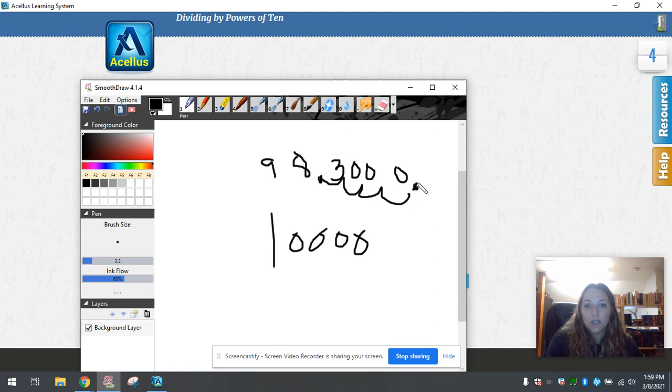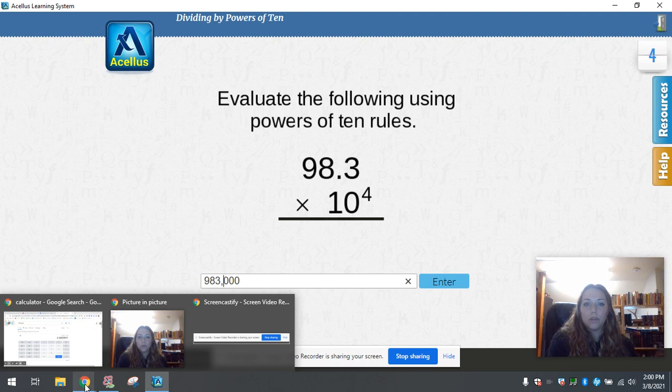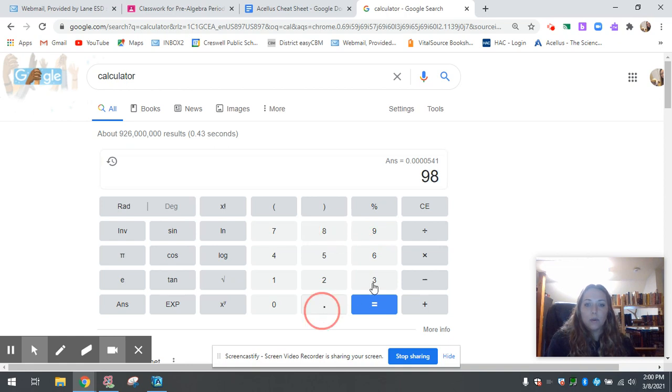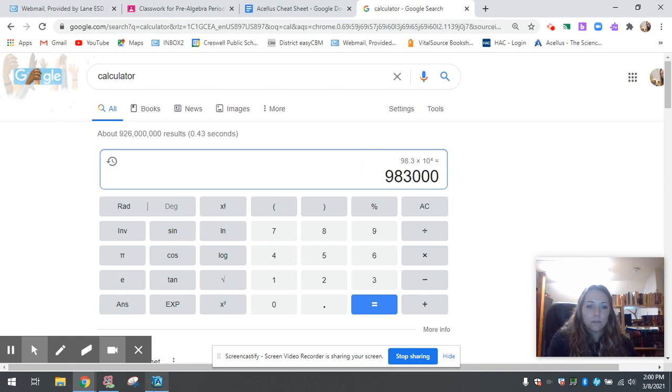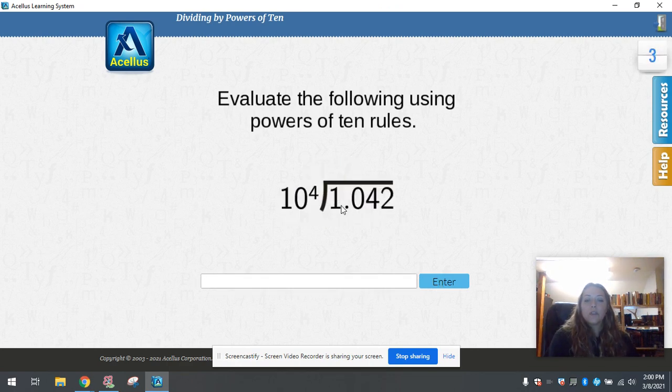Now my decimal's here. So now I have 983,000. I could put a comma here if I want. I could put this in a calculator if I want. 98.3 times 10 to the power of 4 if you don't want to translate anything gives me 983,000. Bam.